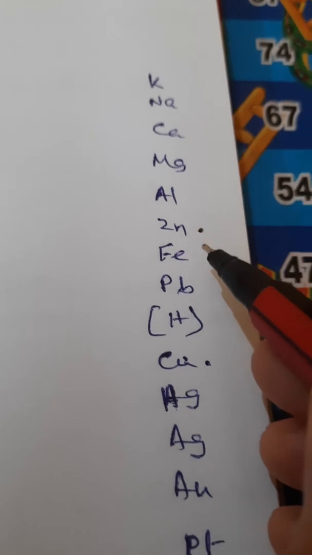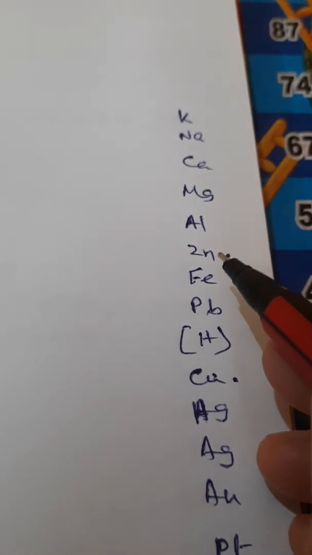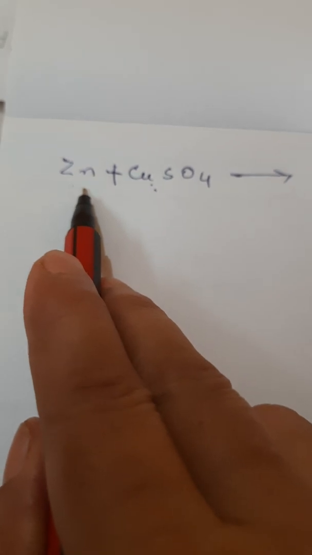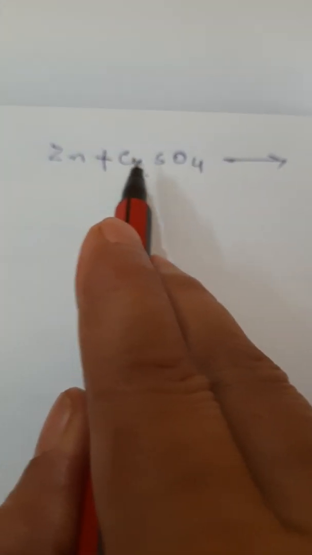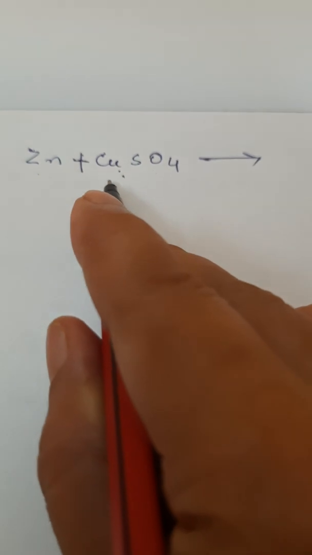In this reactivity series, the position of zinc is above copper. So, zinc is more reactive than copper. So, zinc being highly reactive, it displaces copper from its salt solution, that is copper sulfate solution, and it forms zinc sulfate and copper is left in this solution.